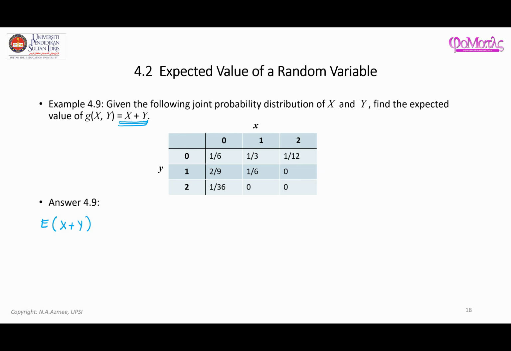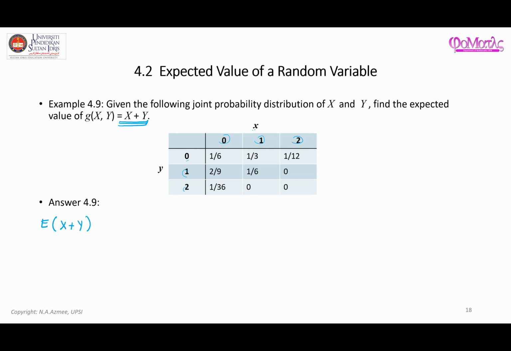According to the definition here, we have two random variables together. These are discrete random variables. We can see that x can take values such as 0, 1, and 2, and y can also take values such as 0, 1, and 2.